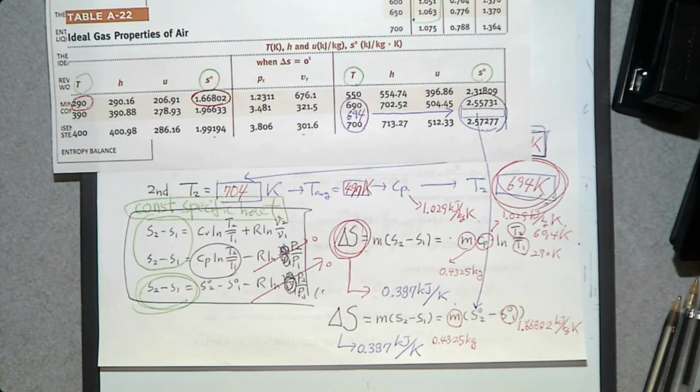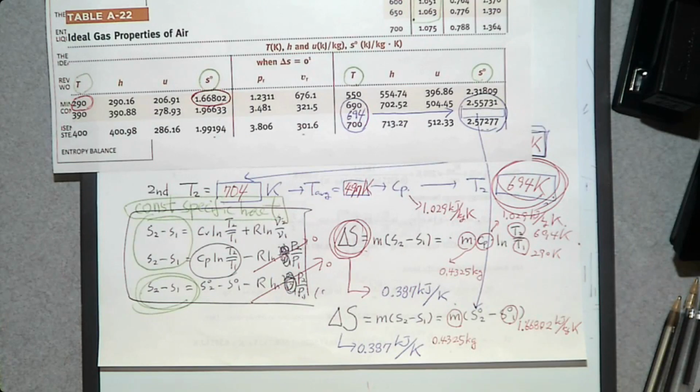Yes. Of this mass, because we want to calculate the change in total entropy. This S2 minus S1 is specific entropy, so per unit mass.